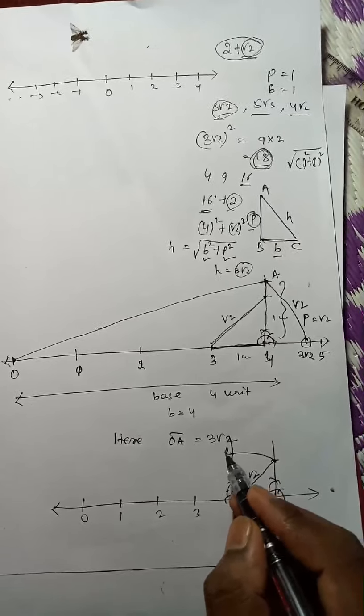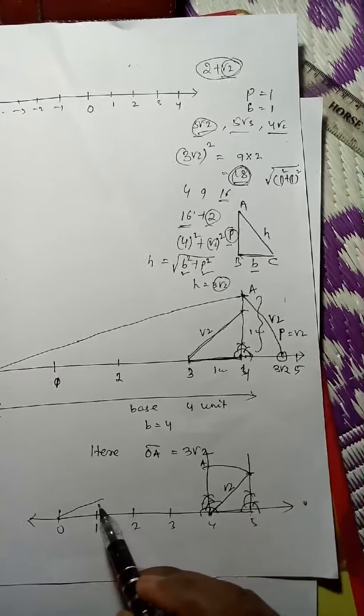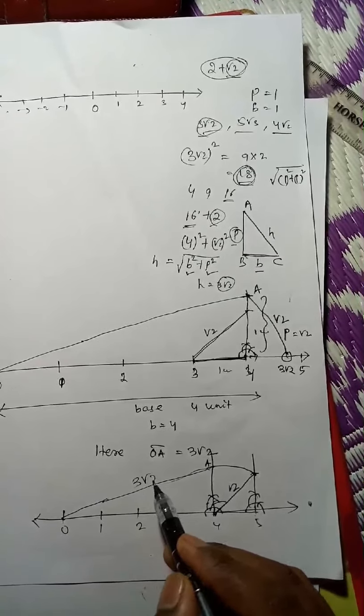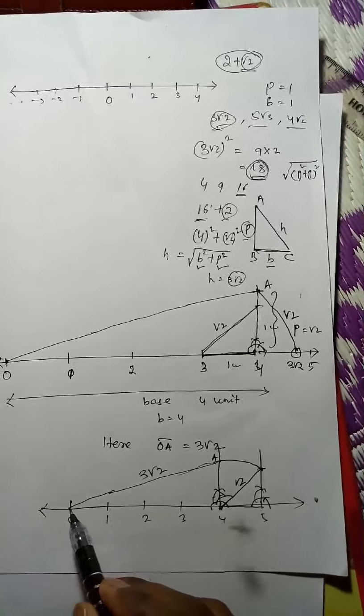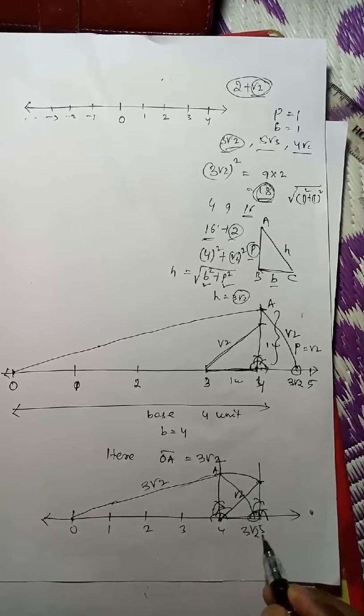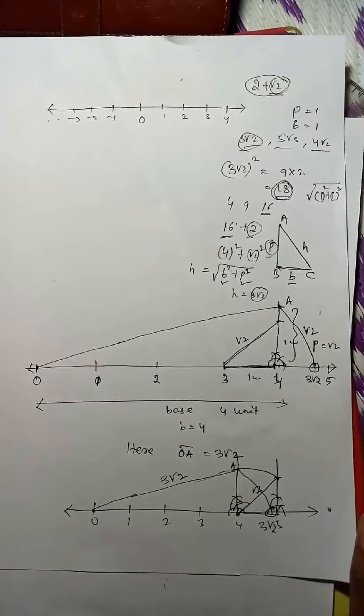Suppose this is A, and now connect 0 and A. This is your required 3 root 2, and take your compass point here and pencil point here and draw a curve towards the number line, and this is your required 3 root 2.